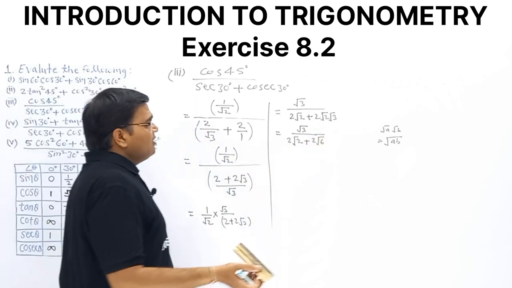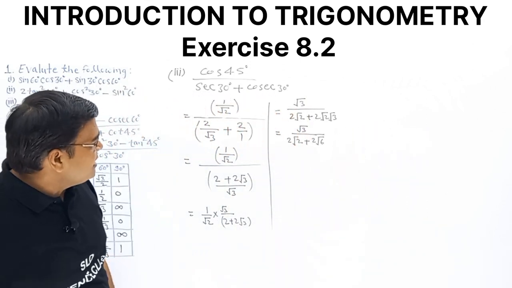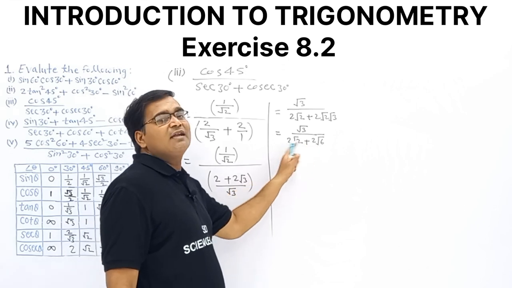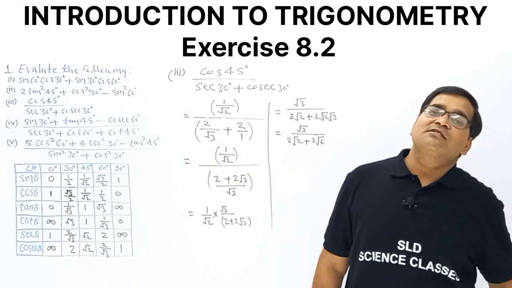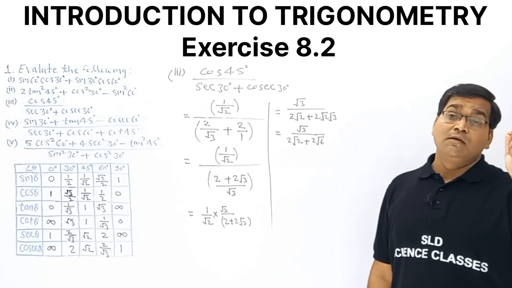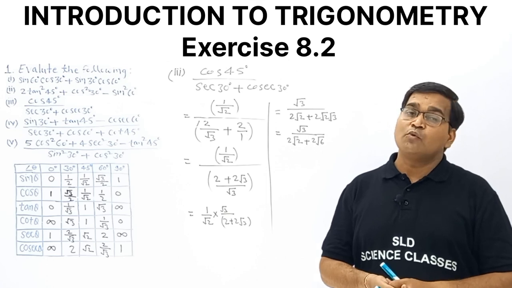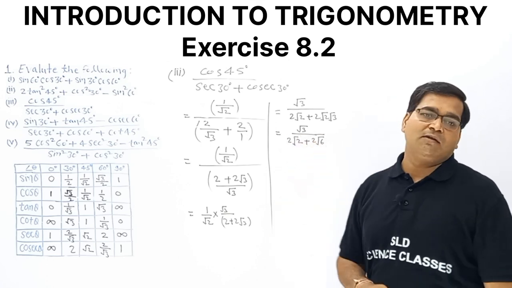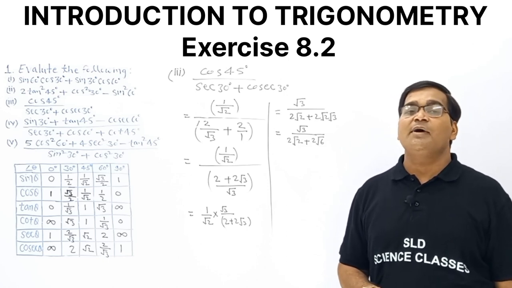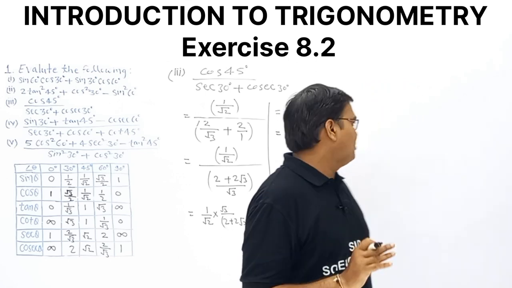Now in the denominator we are having radical sign, square root terms. Whenever we are having radical signs in a denominator, we want to rationalize. And how will we rationalize? Its denominator's conjugate will be multiplied and divided by, numerator and denominator.